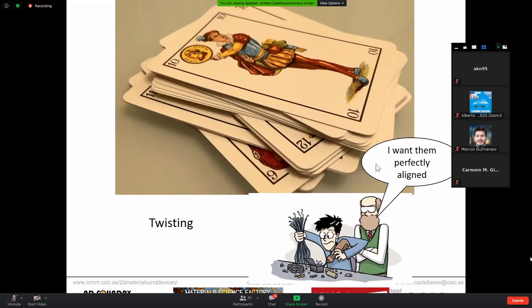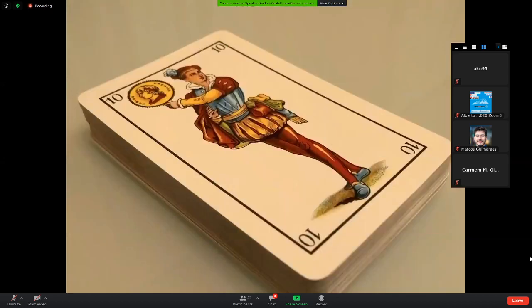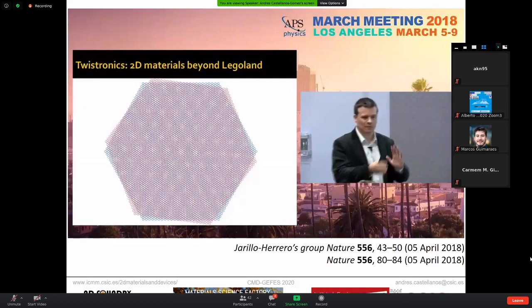So sometimes you want them perfectly aligned or with a small twisting angle, like in the case of the twisted bilayer graphene that you will hear about in the plenary talk this afternoon.